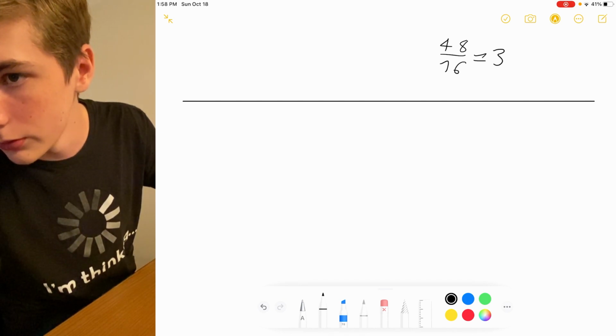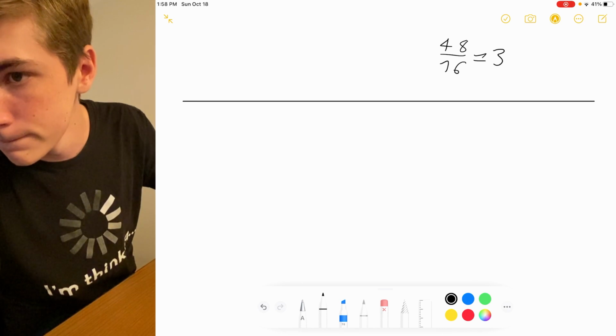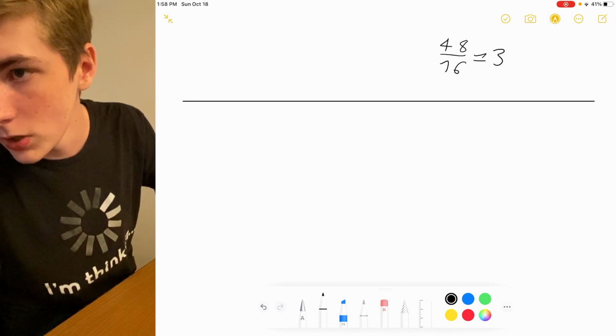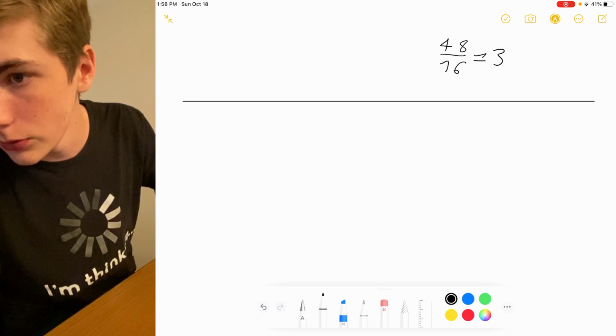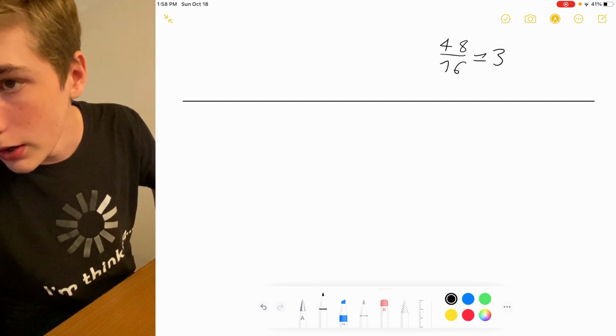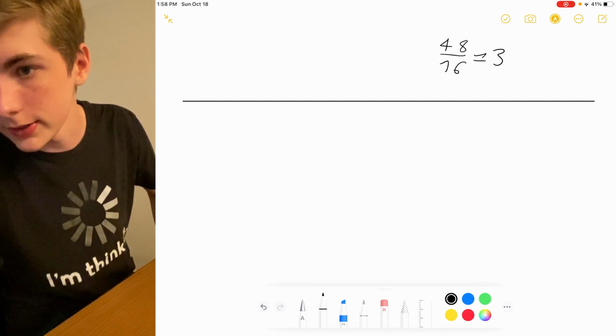Let's do... Okay, this one's good. This is just on simplifying fractions.